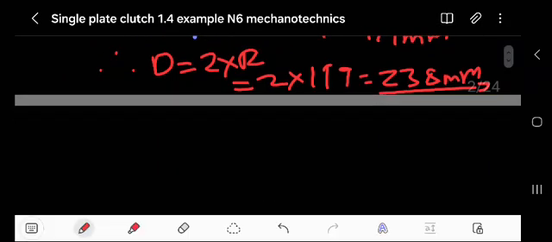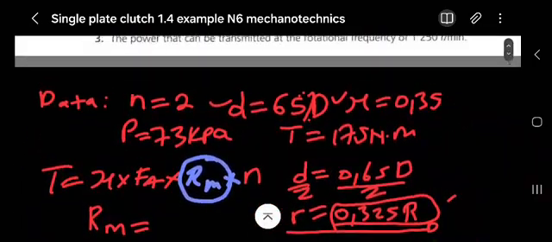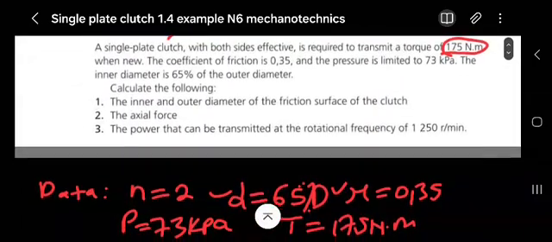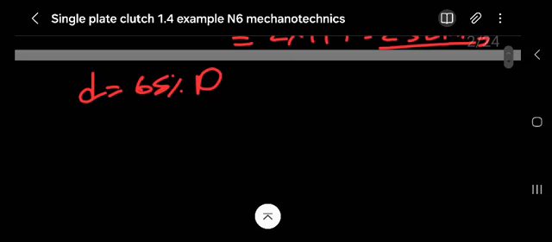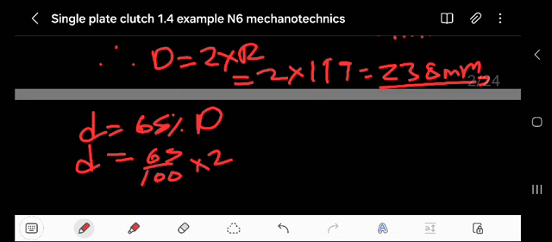What about D now? Okay, D, we know that it was 65% of D, if I still remember that. Let me check. Yes, it was 65% of the outer diameter. Then this is 65%, same as 65 divided by 100. Then the D is 238.